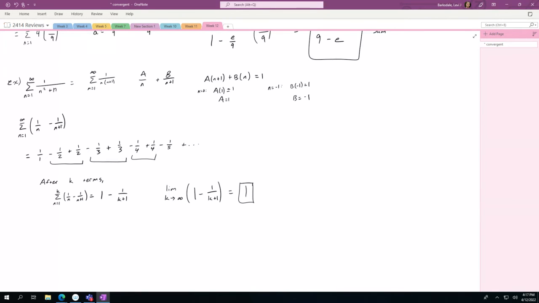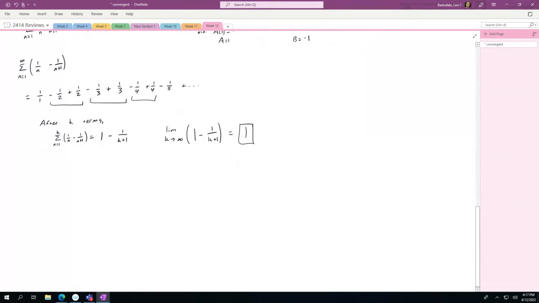I will warn you that some series that look like they might be telescoping actually don't necessarily converge to a specific value. As a quick example, let's do the sum from n equals 1 to infinity of the natural log of n over n plus 1.